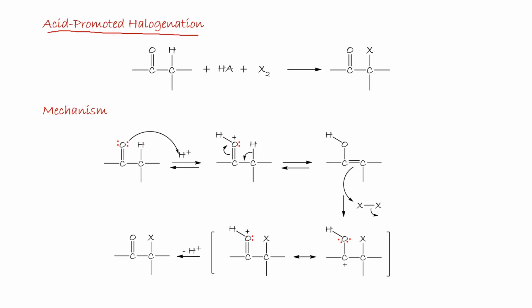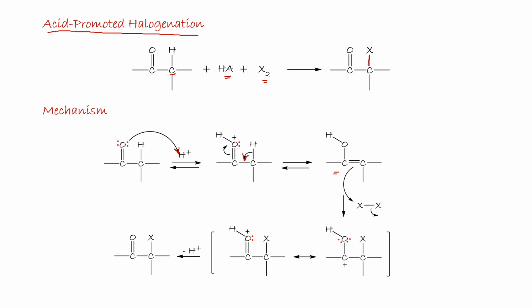Acid promoted halogenation: a carbonyl with alpha hydrogen reacts with halogen in the presence of a catalytic amount of acid to form the alpha halogenated analog. The first step is protonation, followed by deprotonation to form the enol.